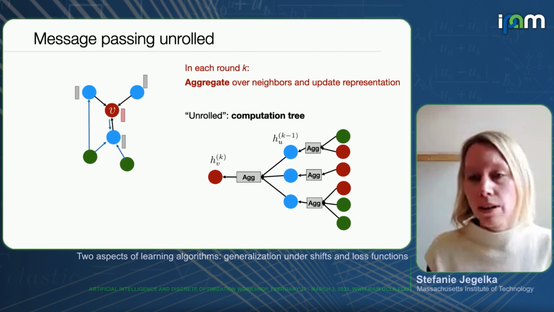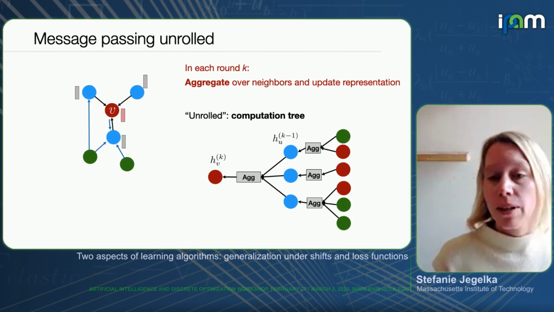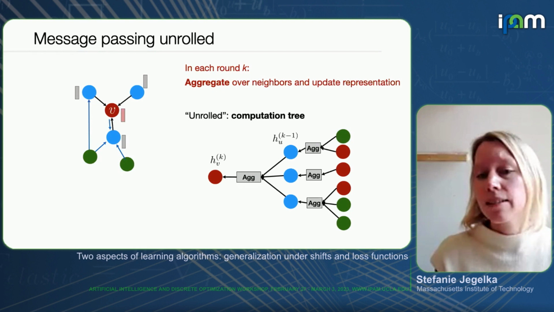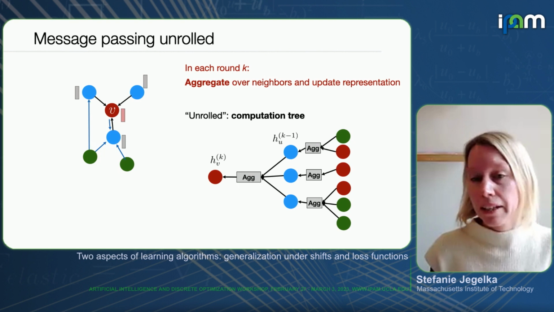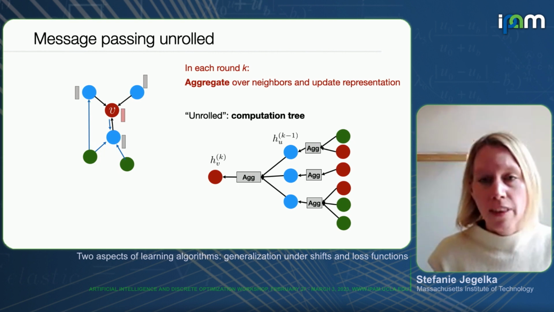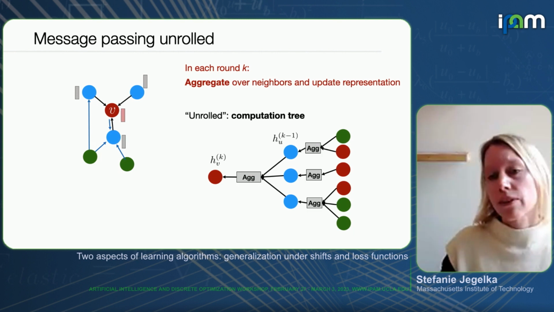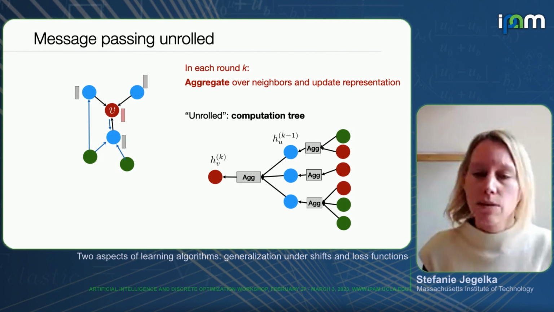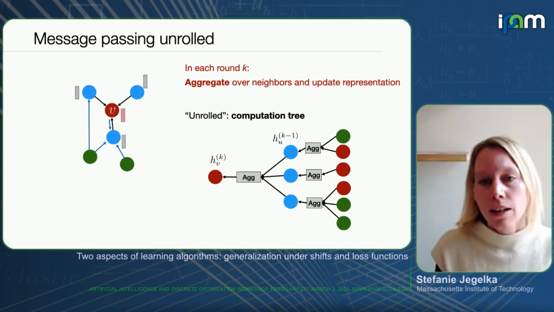And then the blue nodes have information from their neighbors aggregated via another aggregation function. And we are applying the same aggregation function to each node within a layer. So this is shared. Now I call this the computation tree, this unrolled operation, going back in the iteration, looks like a tree.